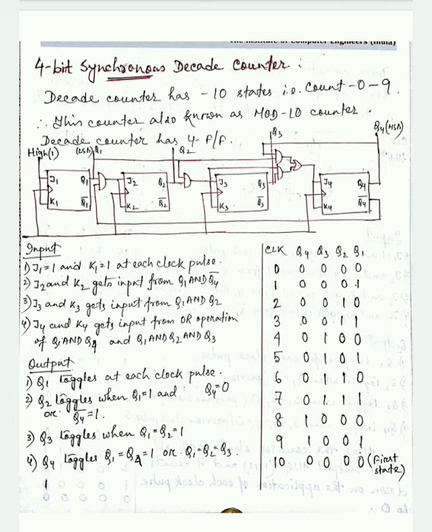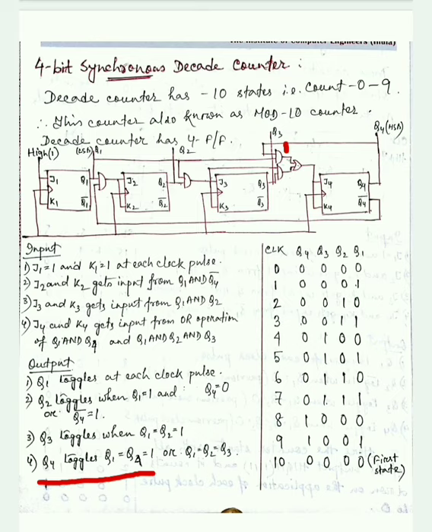Now our J4 K4. J4 and K4 must be 1 in order to toggle Q4. So when J4 and K4 are 1, either this AND gate is 1 or this AND gate is 1. So there are two conditions. Q4 toggles when Q1 and Q4 are 1. You see here, AND gate 1 input is Q1 and Q4.